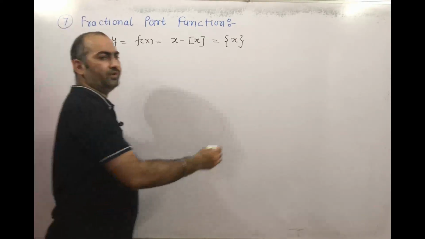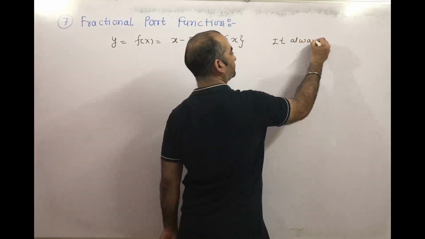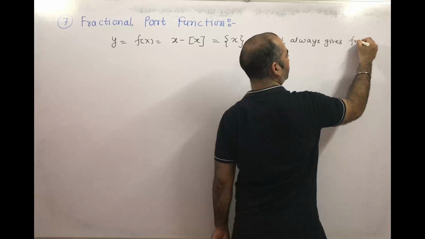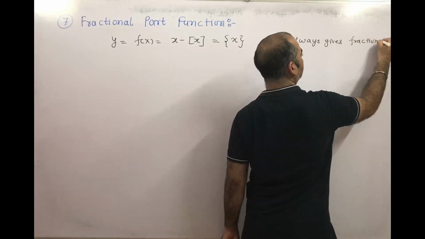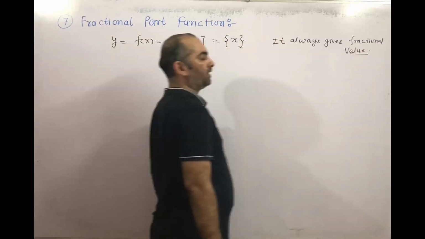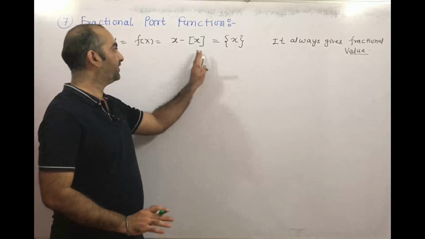It always gives a fractional value. How? See, we know the greatest integer of x property.